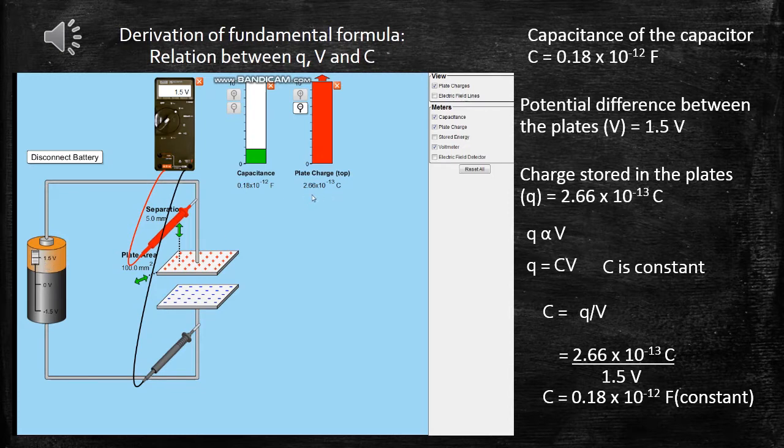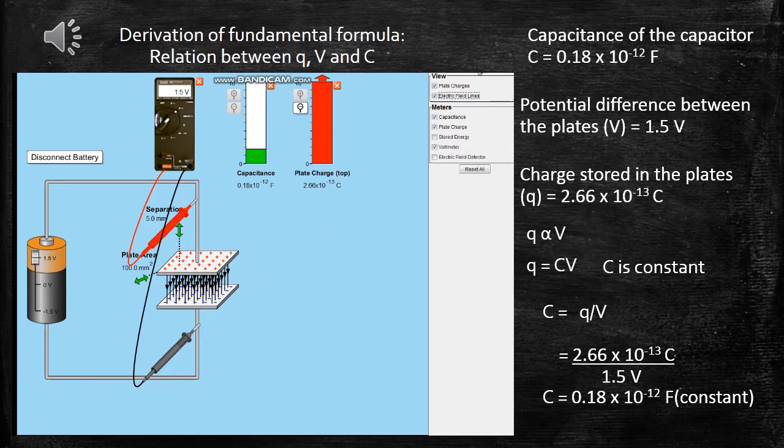Here I am going to vary the potential difference across the plates of the capacitor. The two plates of the capacitor are connected across a battery. If the potential difference is increased from 0 volt to 1.5 volt, automatically the charge stored in the plates will also increase.